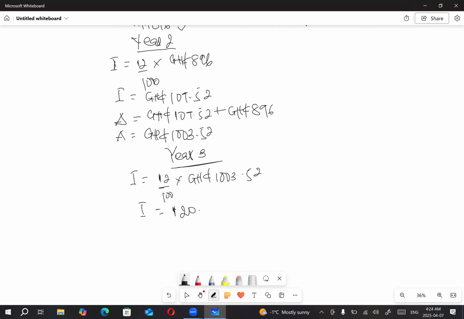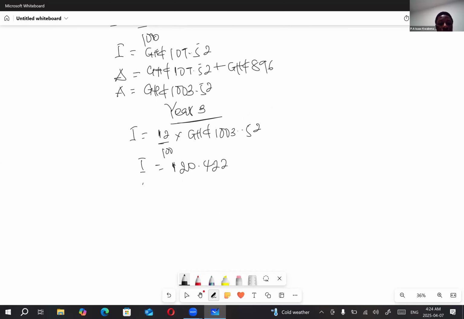Well, so if you're finding 12 over 100 of this, I'm getting 120.422. This is what you should get, right? So the amount will be equal to what? Something is missing here.